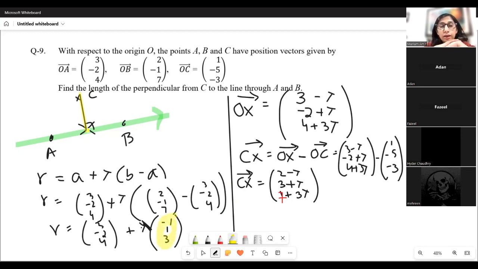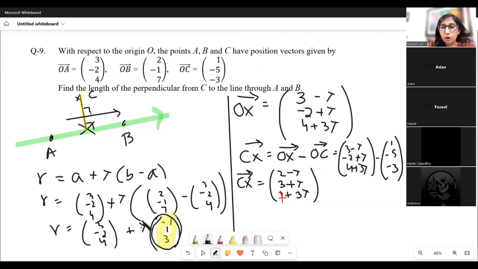CX, the yellow line, is perpendicular to the green line, we know that, but it is also going to be perpendicular to the direction vector of the green line, because the direction vector is parallel to the green line. So these two will have a 90 degrees angle between them as well.